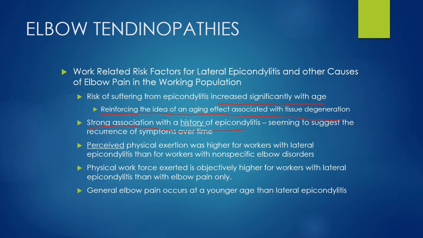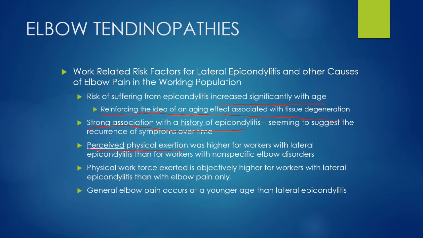In this study, as we said, the perceived physical exertion was higher for workers with lateral epicondylitis than for workers with general, non-specific elbow pain not associated with lateral epicondylitis. The physical force exerted at work is objectively higher for workers with lateral epicondylitis than with elbow pain only.